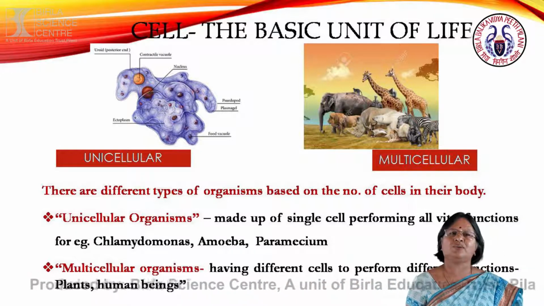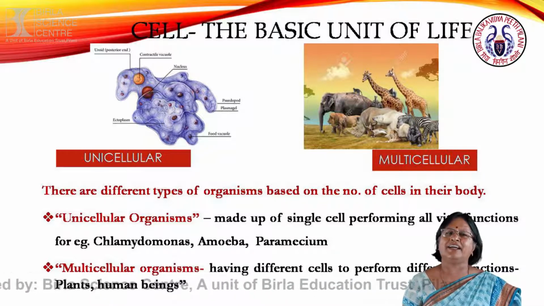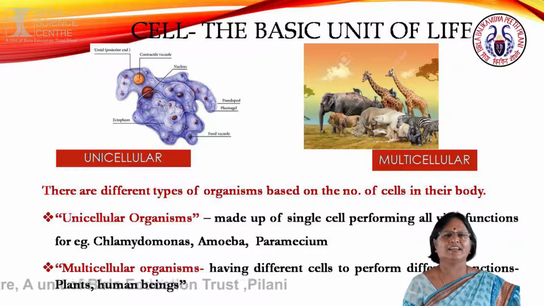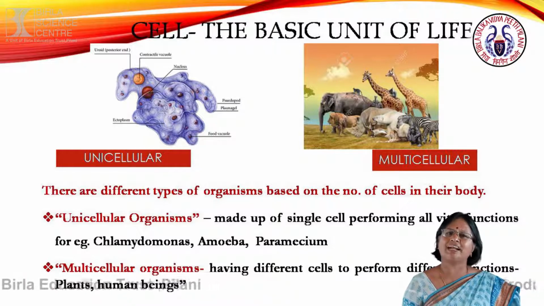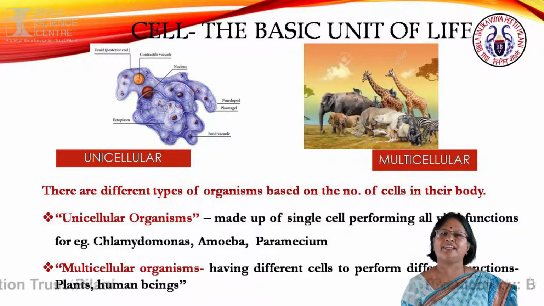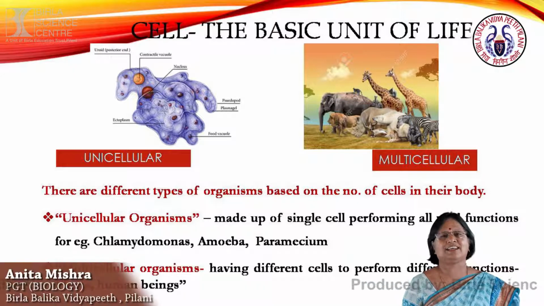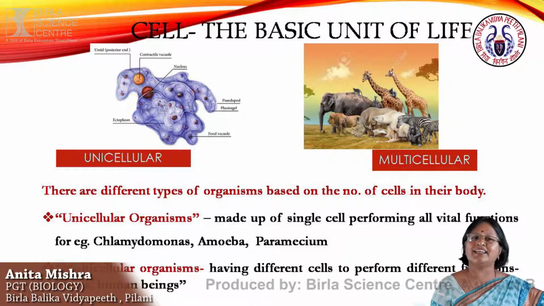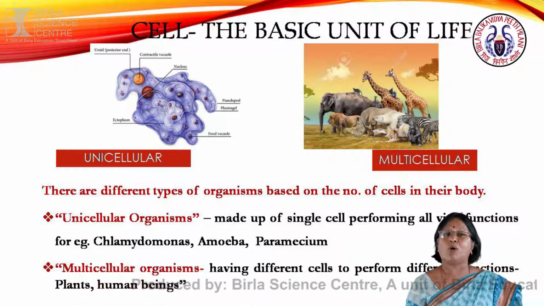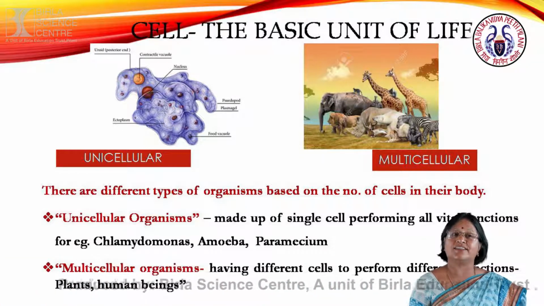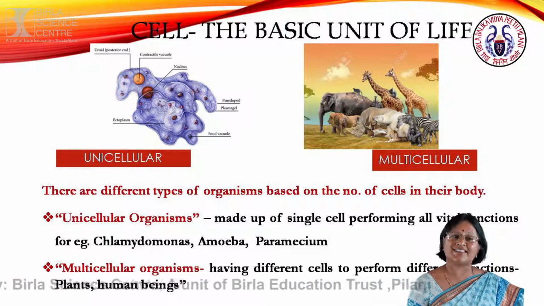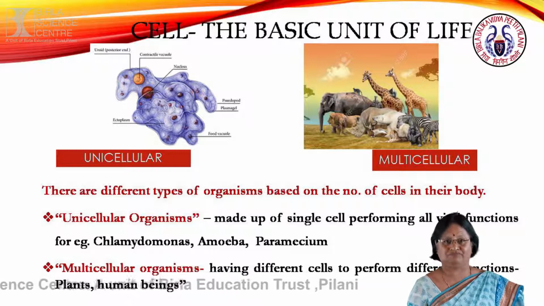The unicellular organisms are made up of a single cell, as we've already discussed. Uni means single, cellular means cell, multicellular, multi means plenty or many or several, and cellular means cell. The next point is the single cell is capable of performing all the life activities, all the life processes like nutrition, respiration, excretion, growth and reproduction.